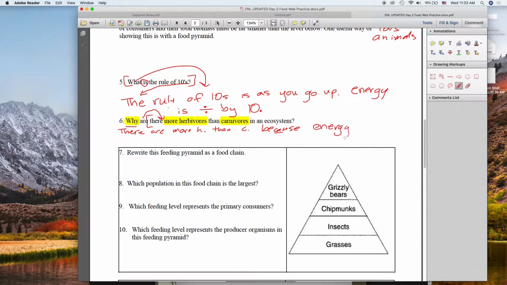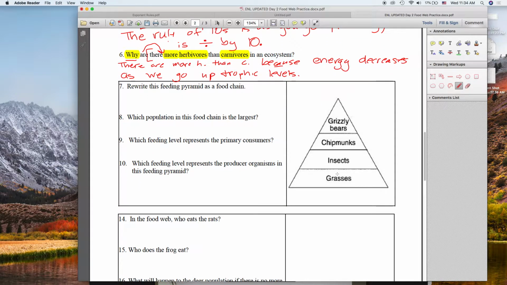Energy decreases as we go up. Remember, these are called trophic levels.